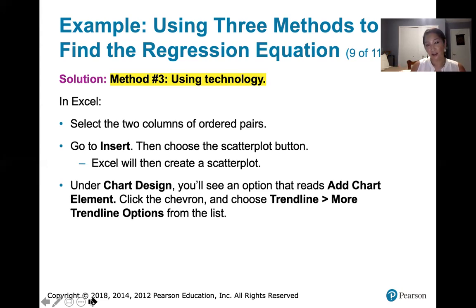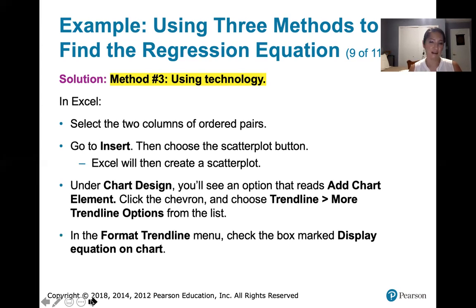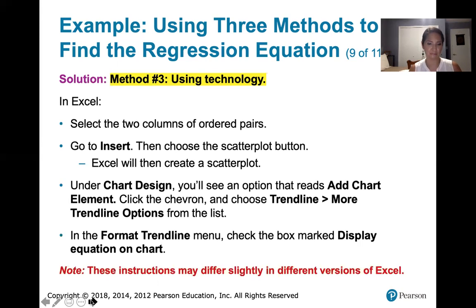Then on the drop-down list, I choose Trendline, and then there's another drop-down list, and I choose More Trendline Options. Once I'm there, there's a Format Trendline menu, and there's a box that says Display Equation on Chart. I click that box, and then the regression equation will just show up on the chart next to the graph of the regression line and next to that scatter plot as well.